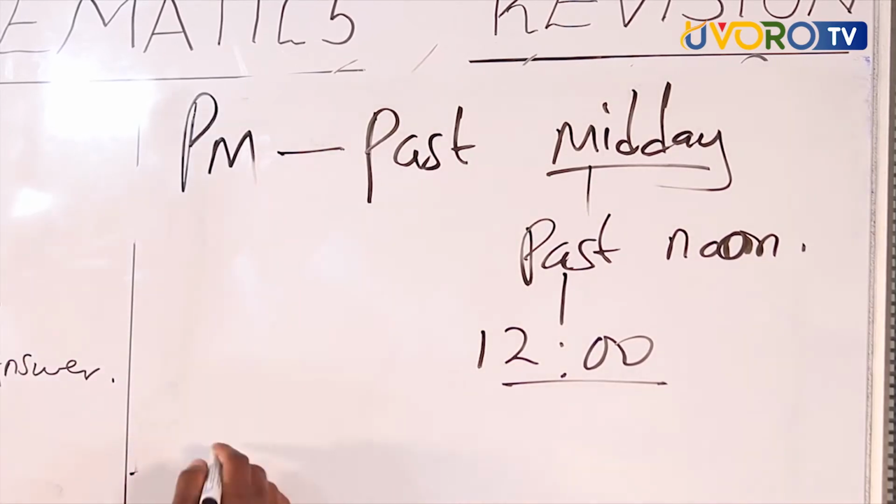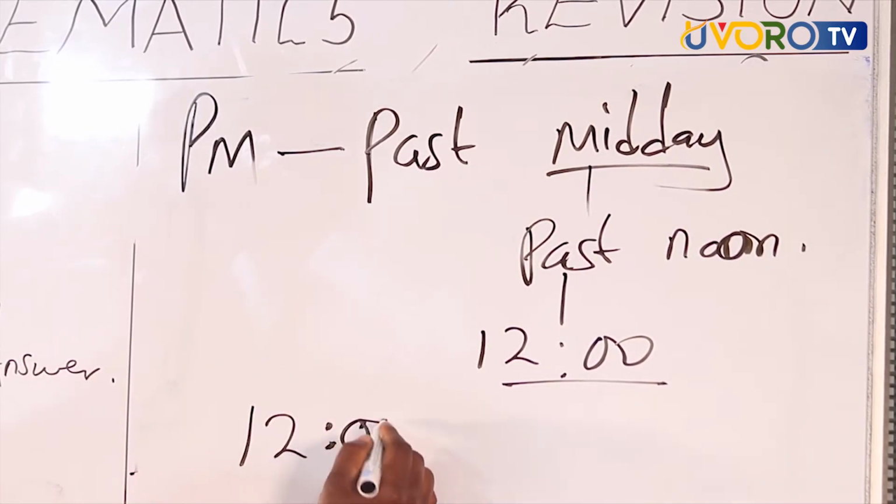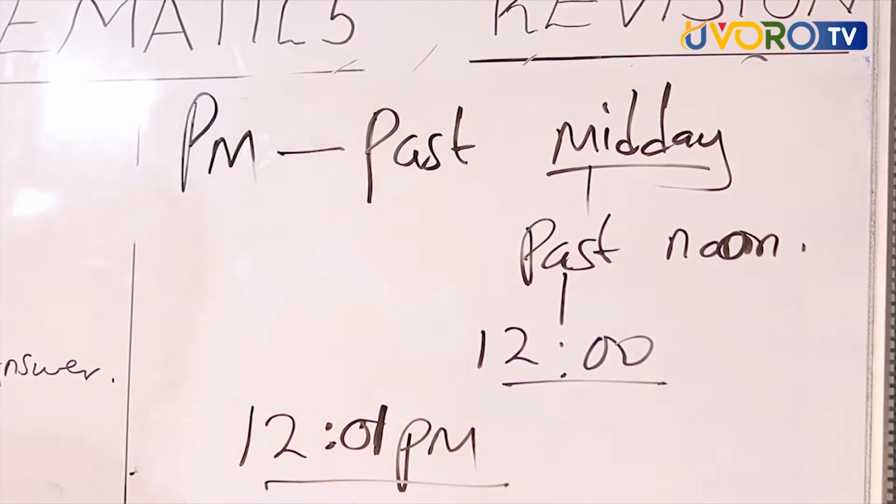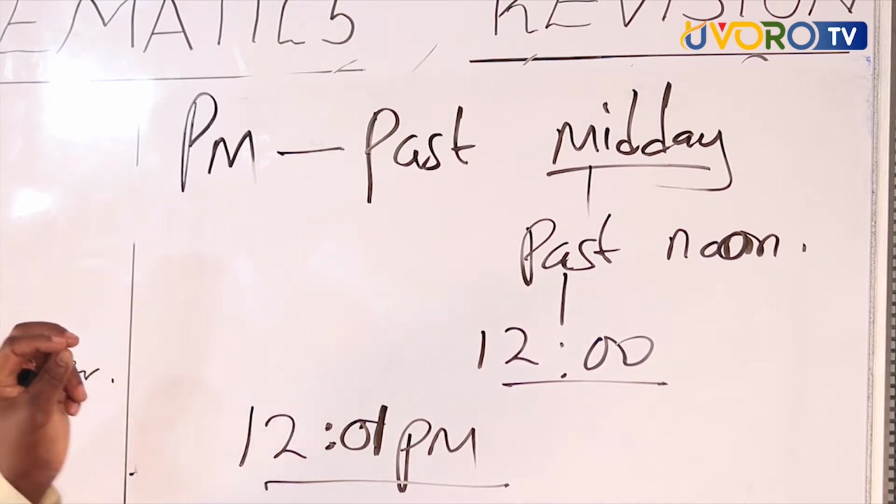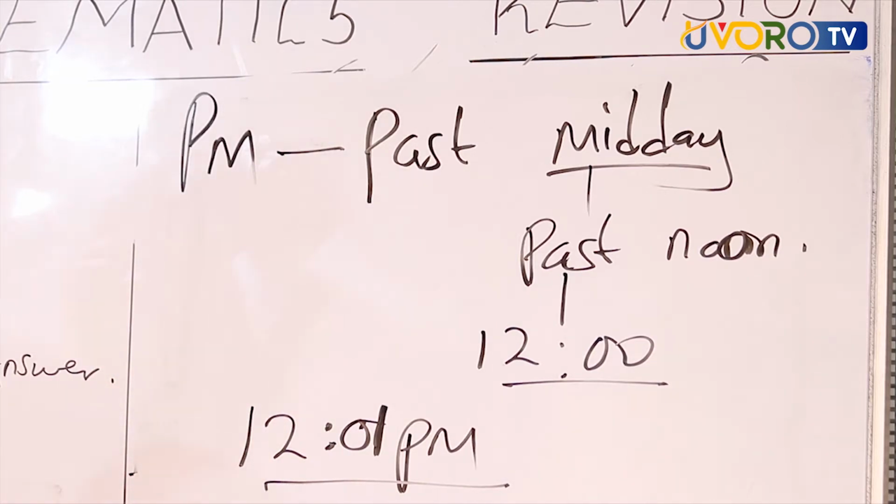So, when you see it is 12:00:01, it should be PM. Before 12:01, we have 12:00 noon. But after 12, it is adding another minute. We are having PM.